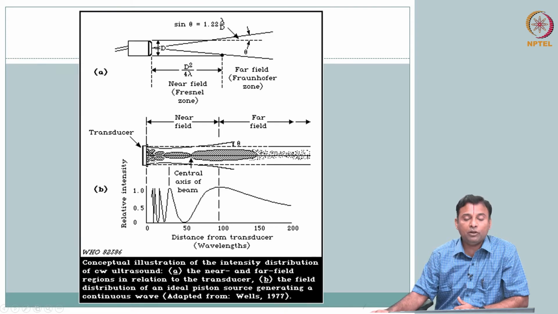So, here is an example of the pattern that you would see. You could see locations where there is high pressure, locations where there is low pressure, and even along the center line you have high and low fluctuations. Of course, after some distance it is a little smoother. This is along the direction of propagation, this is across.